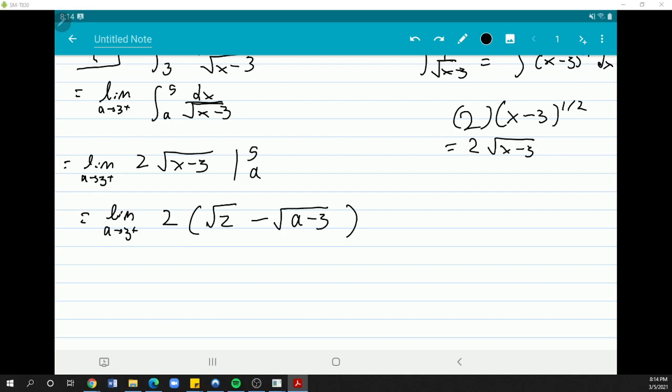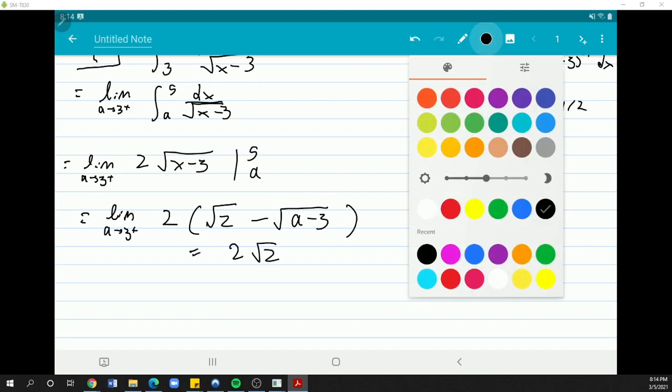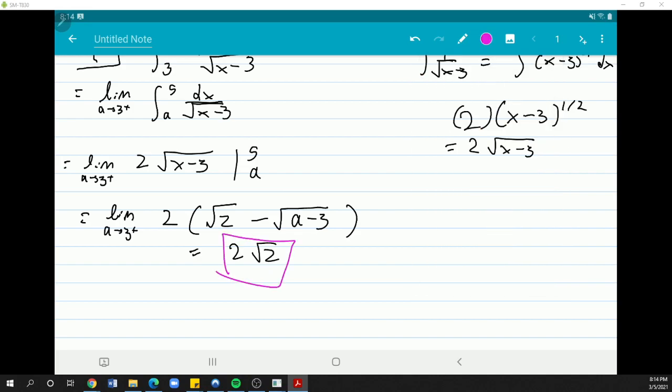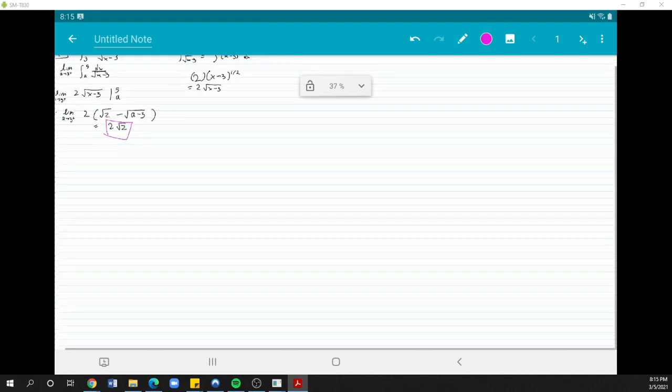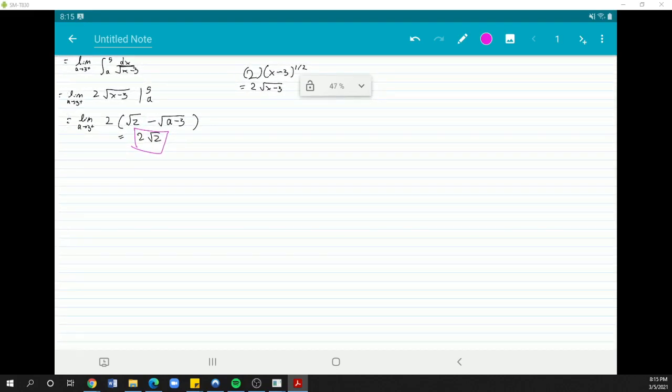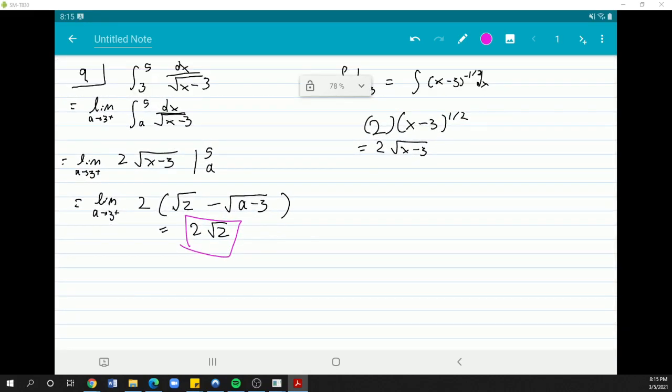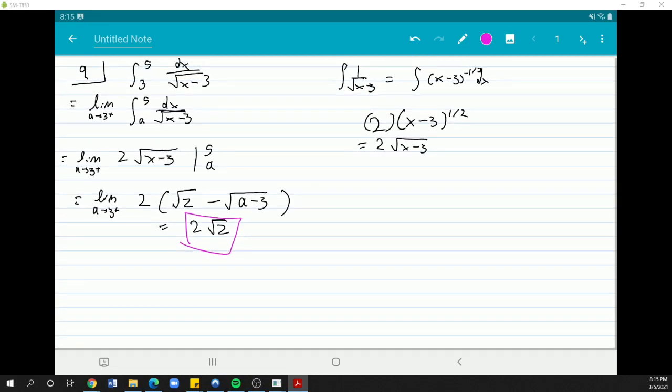And if a is bigger but it's getting close to 3, that means this thing is closing in on 0. So this is just equal to 2 root 2. So this integral in particular converges, and converges to this number. So that's important thing number 1.